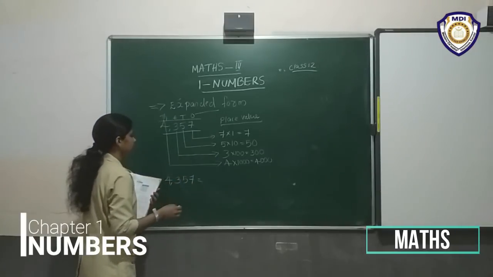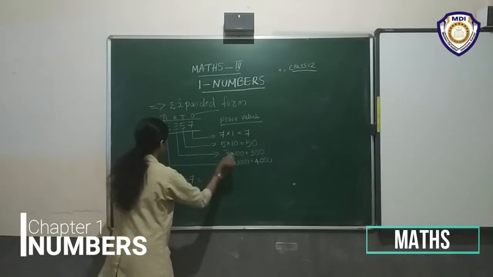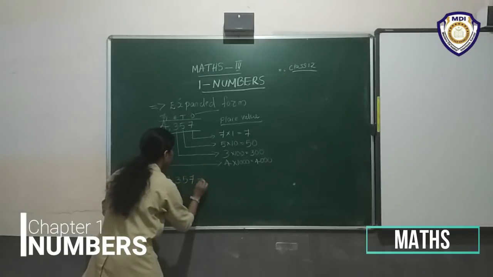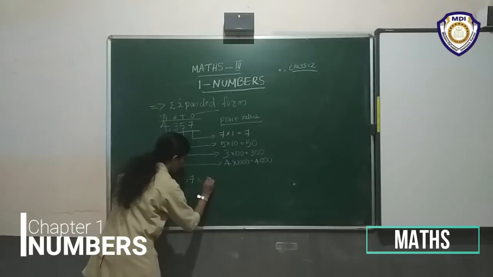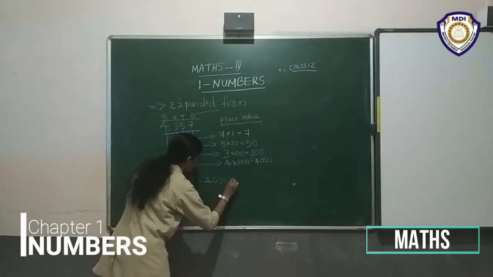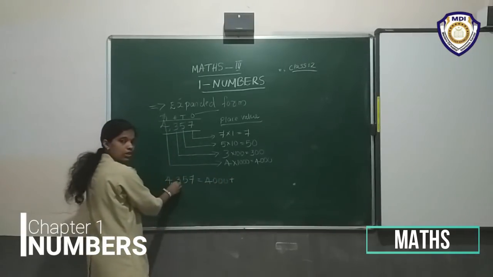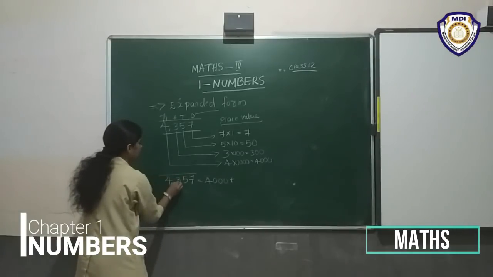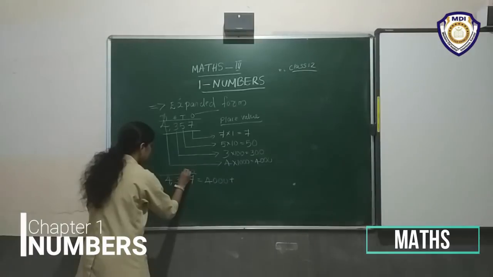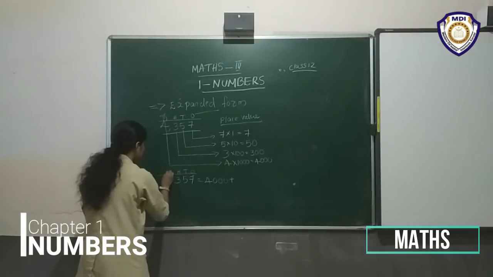Place value of 4, 4,000, plus place value of 3.